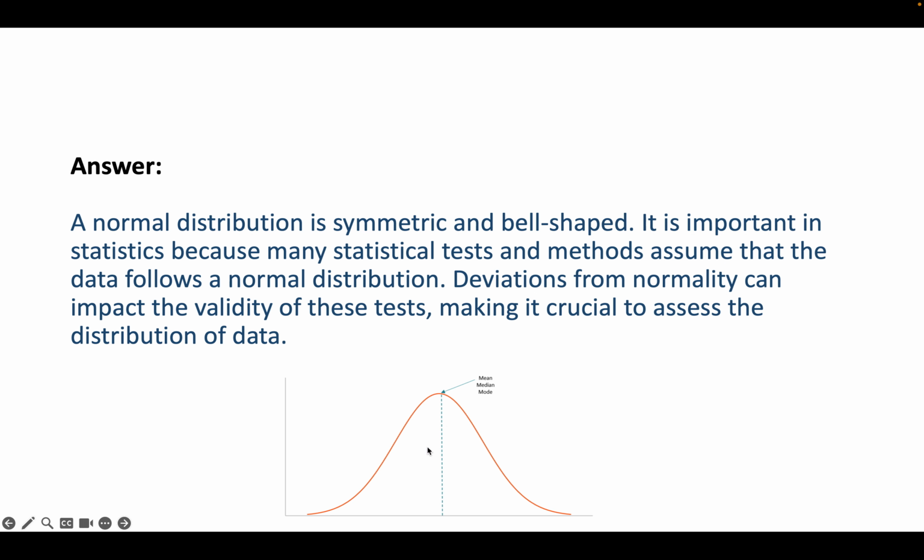Deviation from normality can impact the validity of these tests, making it crucial to assess the distribution of data. Here we see a normal distribution, a bell-shaped data where mode, median, and mean all overlap at the center of the data.